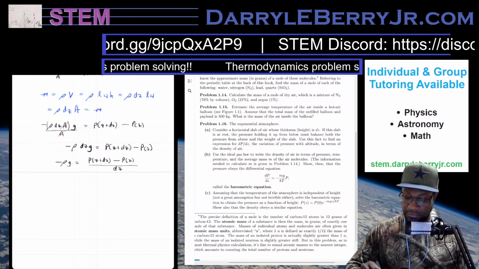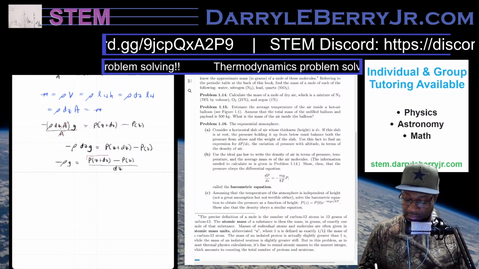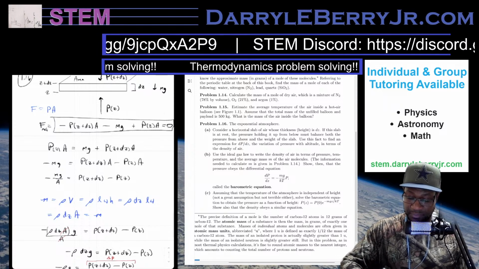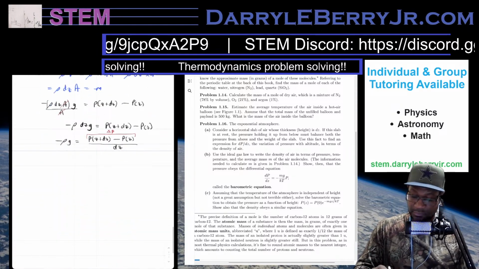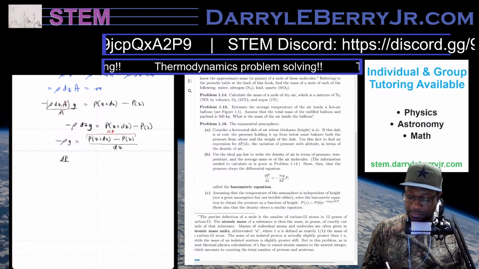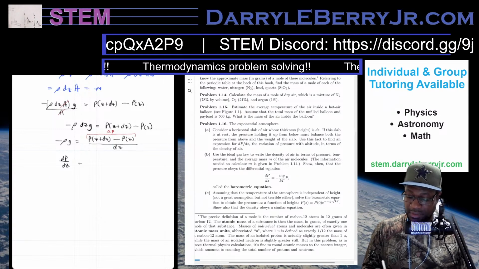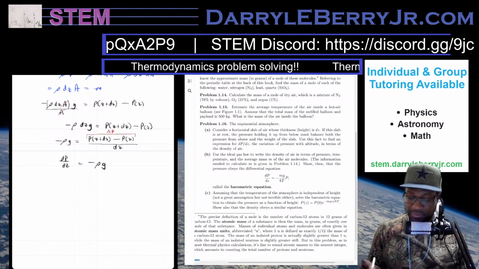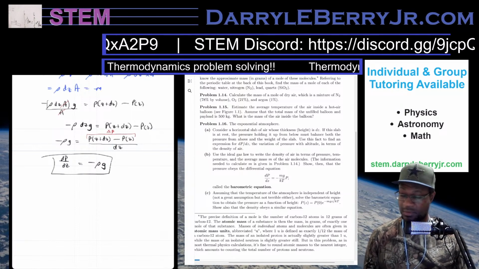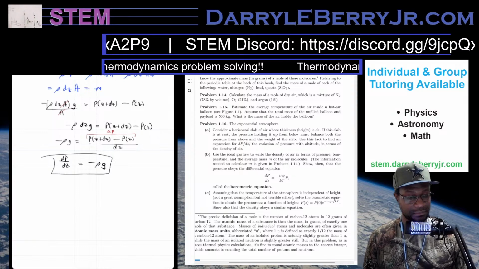And this is the change in P from these two points. We can see the change in the pressure over the change in z equals negative rho g. Right? That's an elegant bit of math.